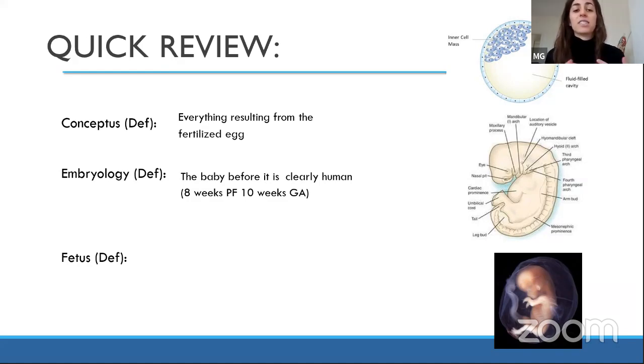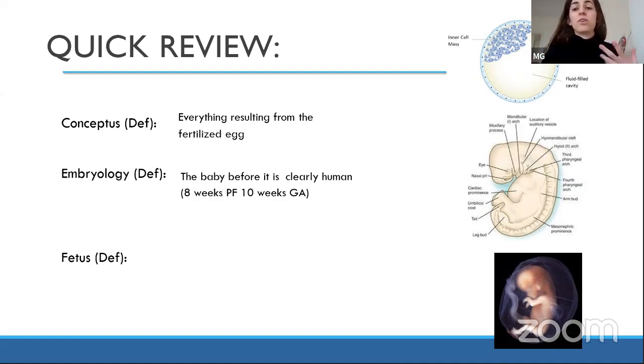So we time in gestational age, and gestational age is the time from the last period that the woman had. As we know, a woman has a period and then 2 weeks later, she will usually ovulate. This is why gestational age is 2 weeks after the fertilization age. I hope that makes sense. So it's 8 weeks PF and 10 weeks GA.